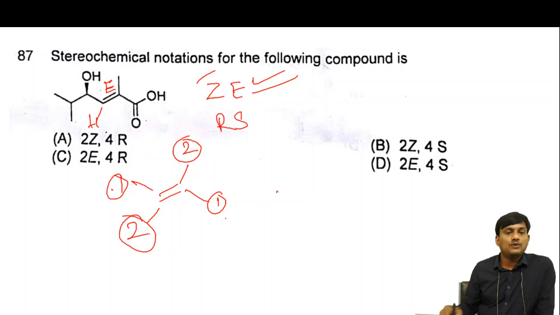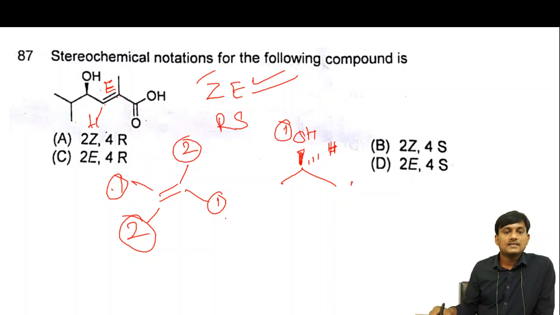And if you take this carbon with OH, obviously hydrogen is at the back side to the viewer. Here what is the priority? OH gets first priority. Next, this carbon has a double bond, COOH. On this side you have only single carbons.